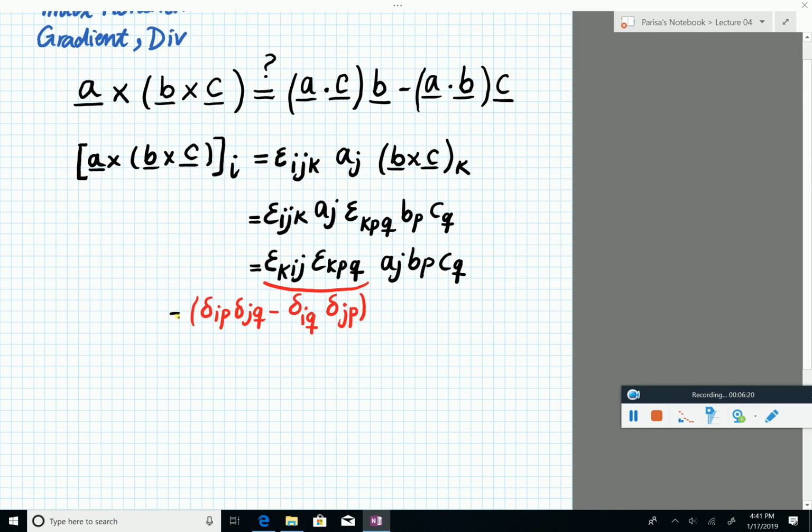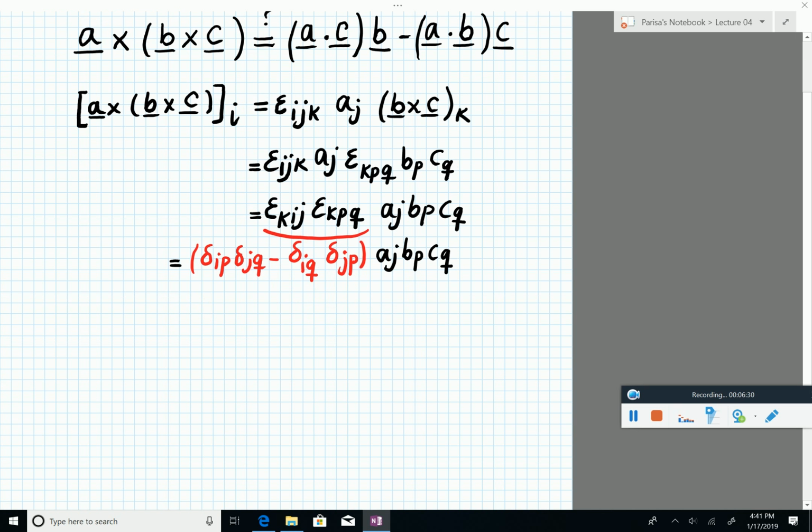So this will be equal to this times a_j b_p c_q. And then you just distribute.